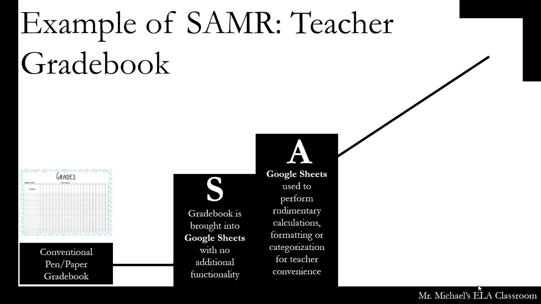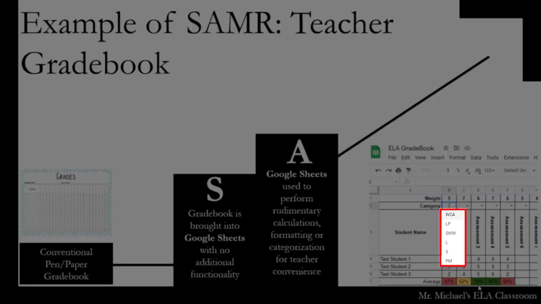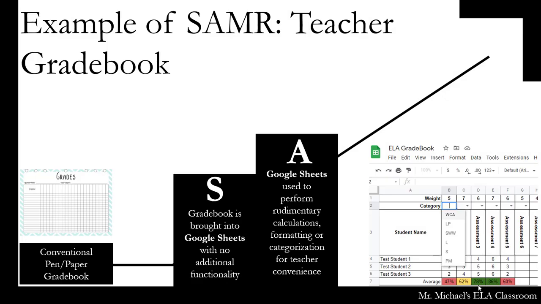So we've taken our gradebook and now we've added some conditional formatting, some rudimentary calculations so we can see how our students did on each of the assessments, and even categorizations that we can sum later on if we need to. So now our task is augmented by the technology itself.